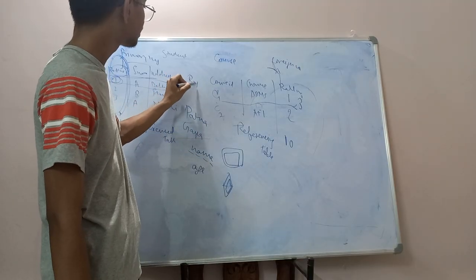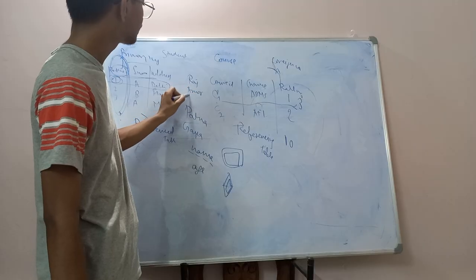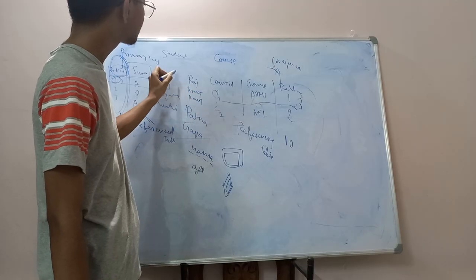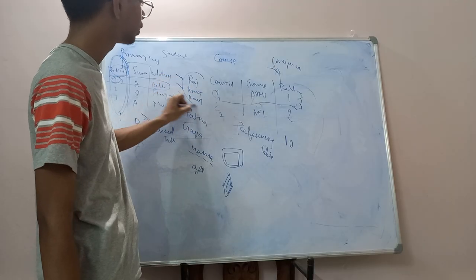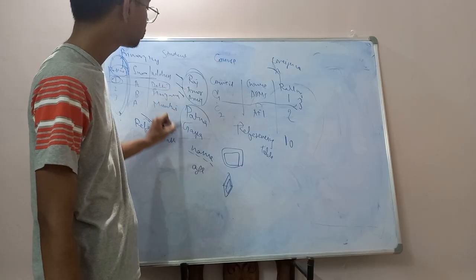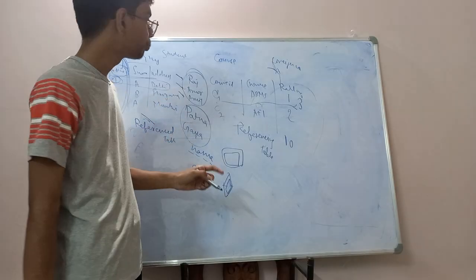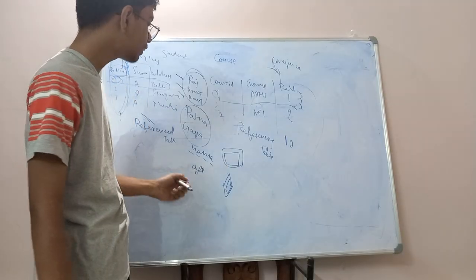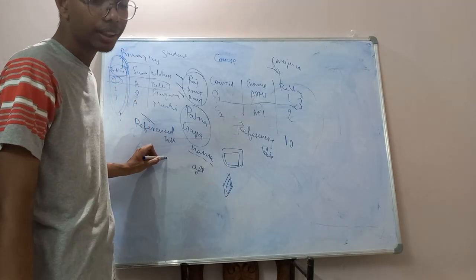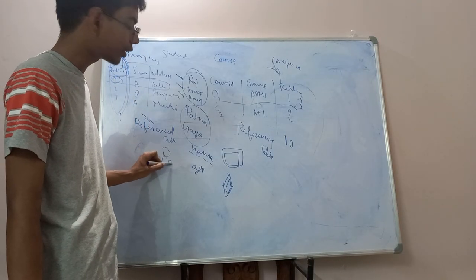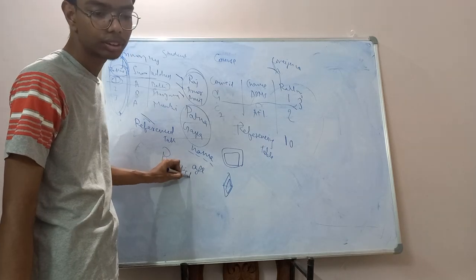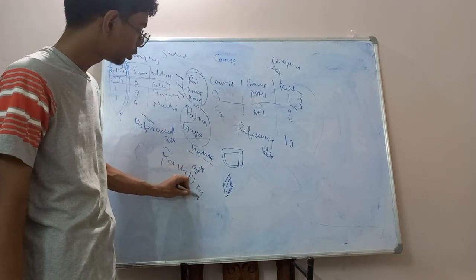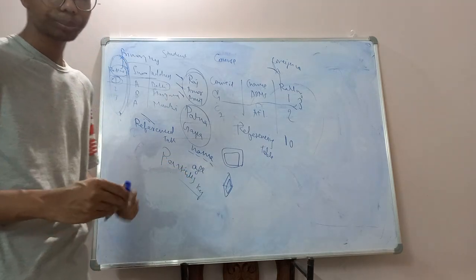Suppose this is Raj, this is Amar, this is Amit, and this will give me more accurate uniqueness than Patna, Gaya and cities. So as I approach more uniqueness, this key can be called a partial key.